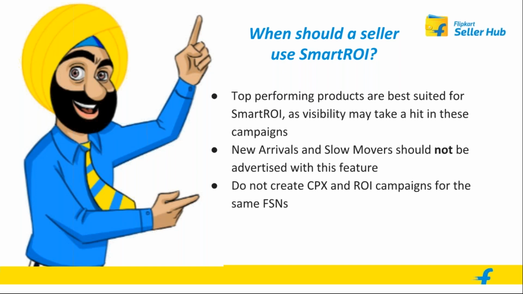Because at that time, when every other seller, every other competitor is going to bid higher and get that visibility, if you're running at a lower CPC for whatever reason, your visibility will be much lower. And this traffic is there for a very short duration, so you need to take advantage of it. Anyway, that's one of the pointers from our side. Again, nothing stops you from doing otherwise.